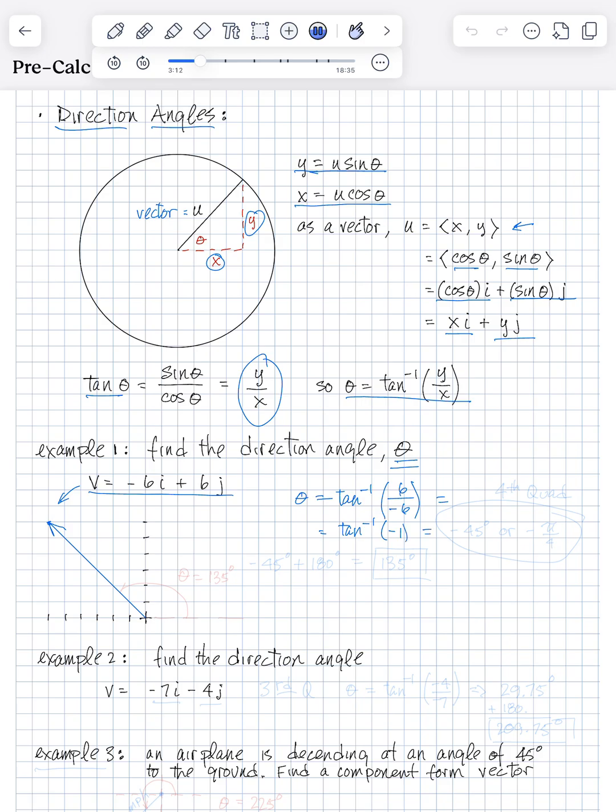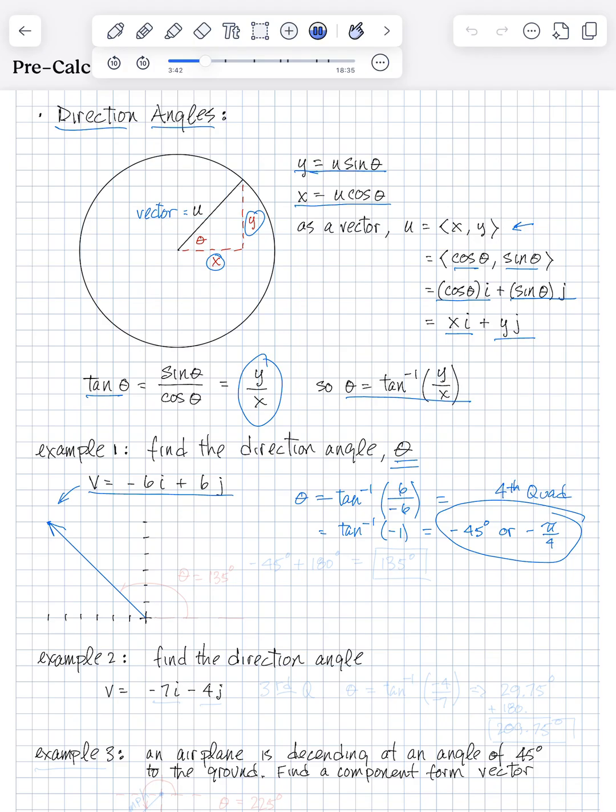You put that in your calculator, depending on if you're in degrees or radians, you're going to get negative 45 degrees, or negative pi over 4. So these angles are not in the second quadrant. These are actually in the fourth quadrant. Well, that's not what we're looking for.